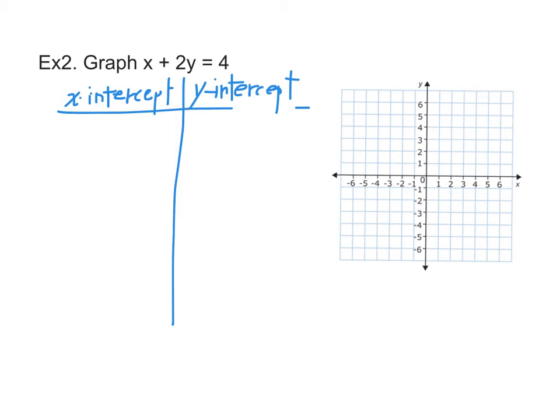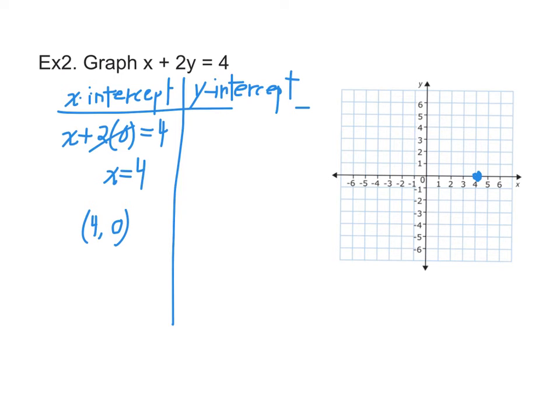It should be 0. So I'll have x plus 2 times 0 equals 4, or just x equals 4. The ordered pair is (4, 0). It's going to cross right here.